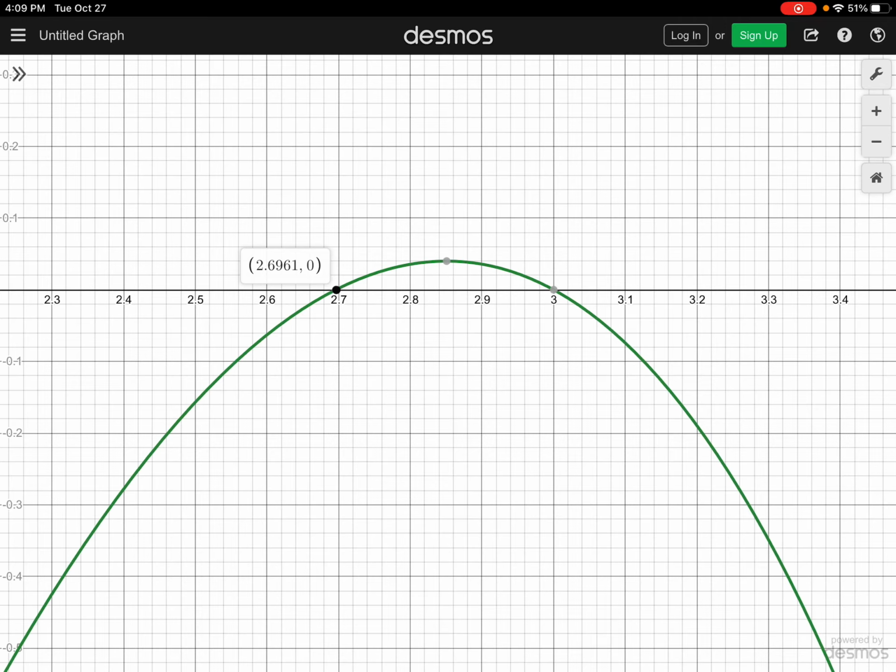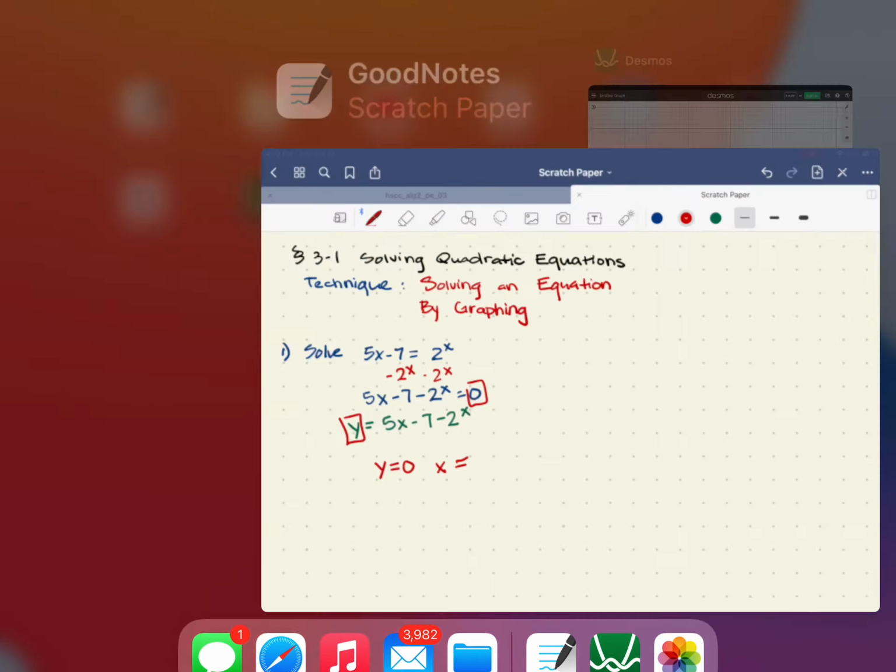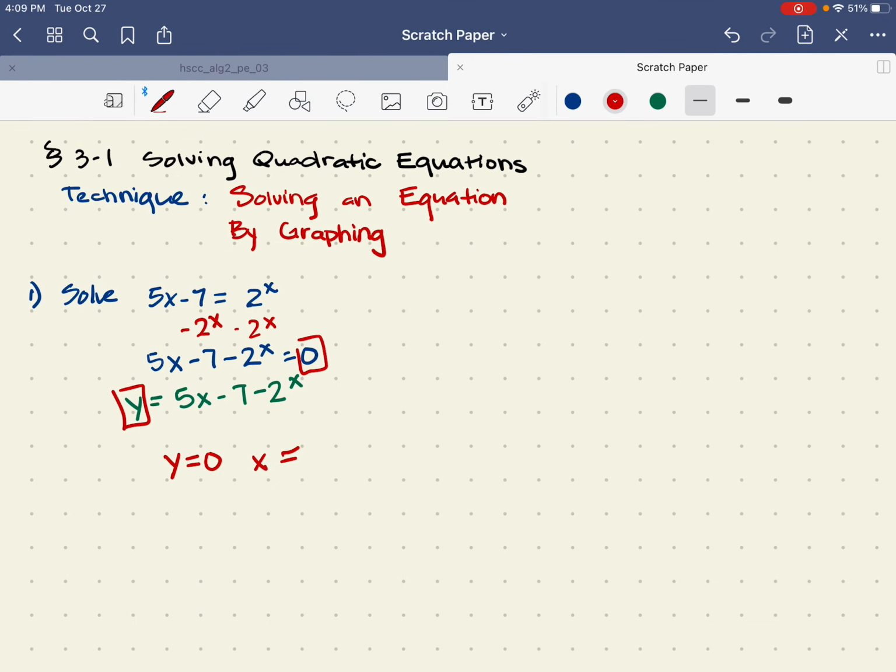So that is what our x is. And our other value is 3, comma 0. That's where y is also equal to 0. So our solution is 2.6961 and 3. So we can write that down. x equals 2.6961 and x is equal to 3.